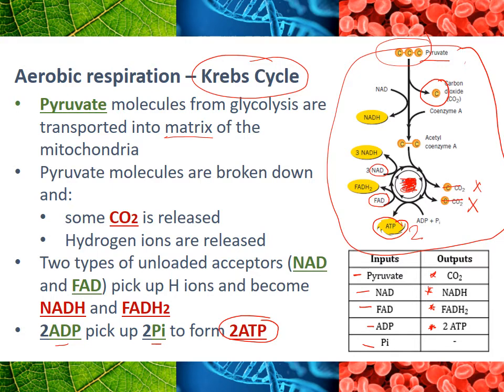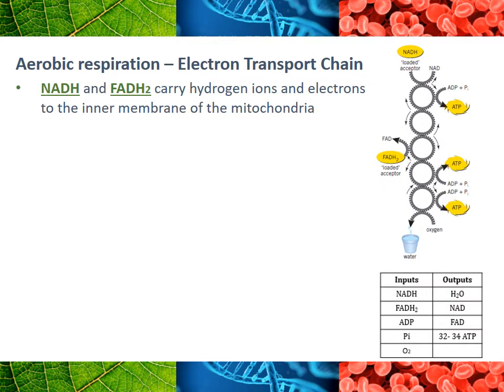The next stage is called the electron transport chain. This only happens if the Krebs cycle has happened first. Okay, so these are in steps. So remember, we've got our inputs in green here. We have the NADH and the FADH2.